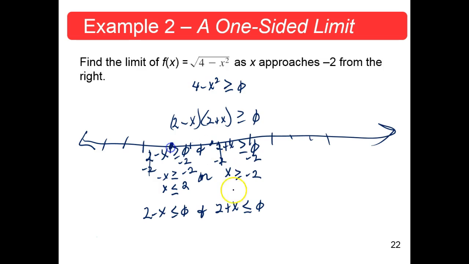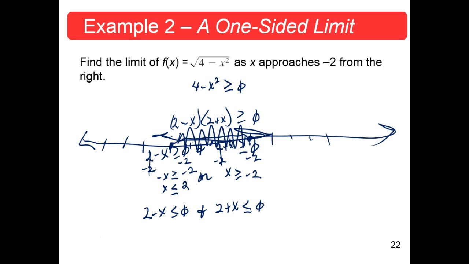And it says here, x has to be greater than or equal to negative 2, and less than or equal to positive 2. And that would be here. So guess what? There we have it. Anything between x equal minus 2 to x equal plus 2, inclusive, that's going to make this positive, right?